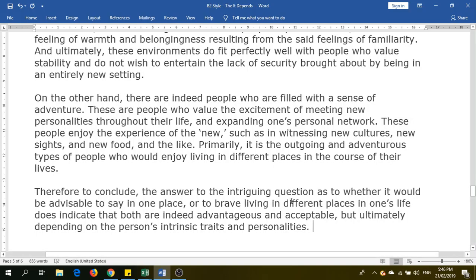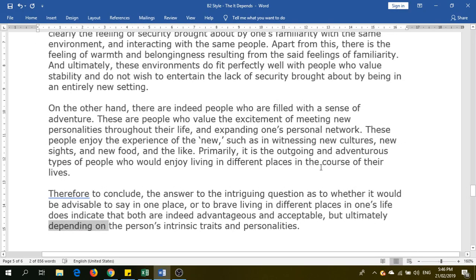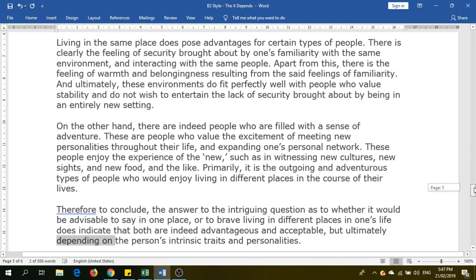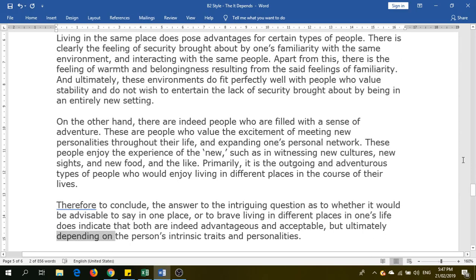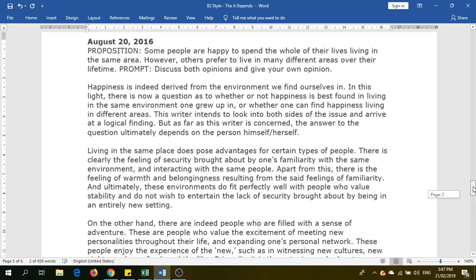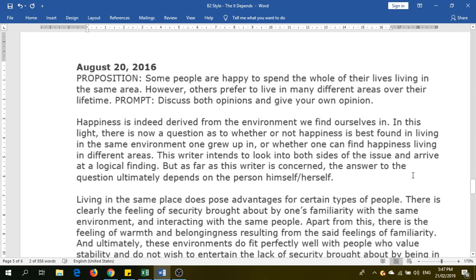So in the conclusion, of course, you'll have to mention that word depending on, just to highlight the depending circumstance that you have argued throughout the essay. There you go. So for those of you who would like to maybe take a shot of the entire thing, maybe we can have the first few paragraphs there first.